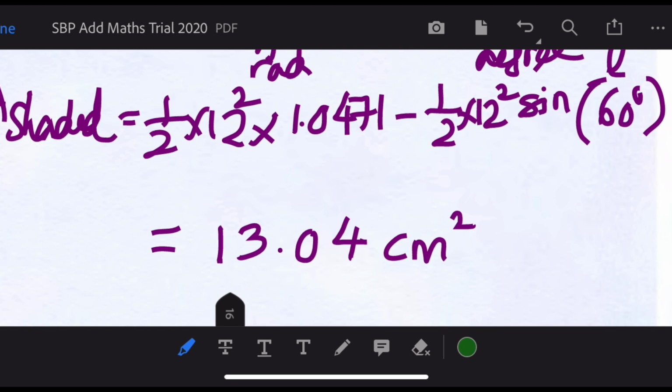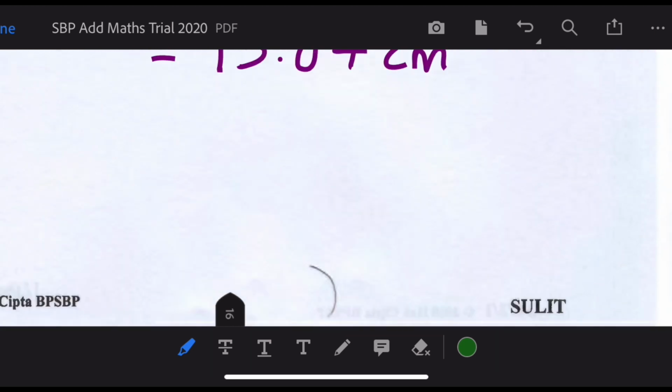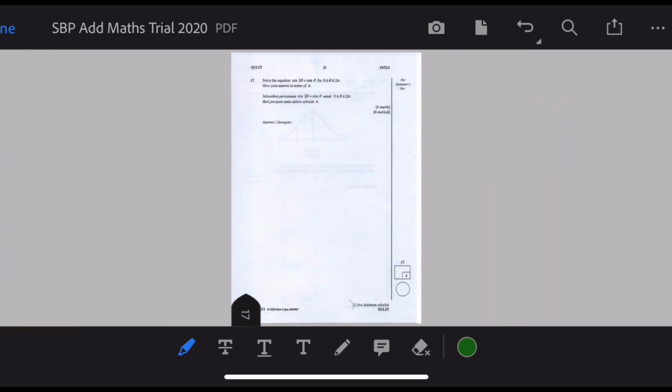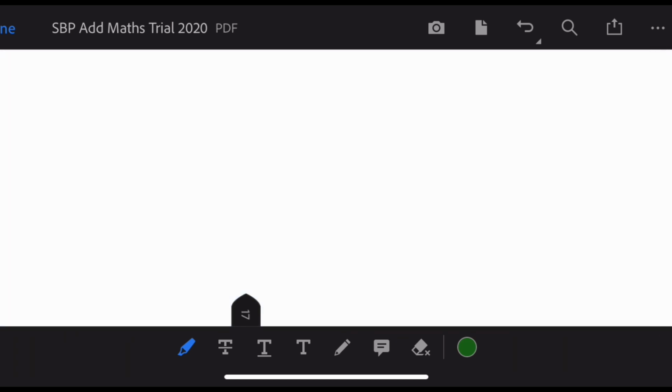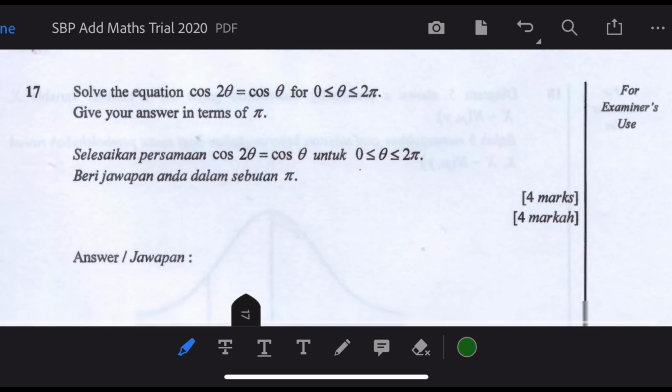So the next question is, so this is actually the trigo equation. So we have trigo function and we have trigo equation. If it is a function, you have to sketch the right angle triangle at a certain quadrant. Remember that?